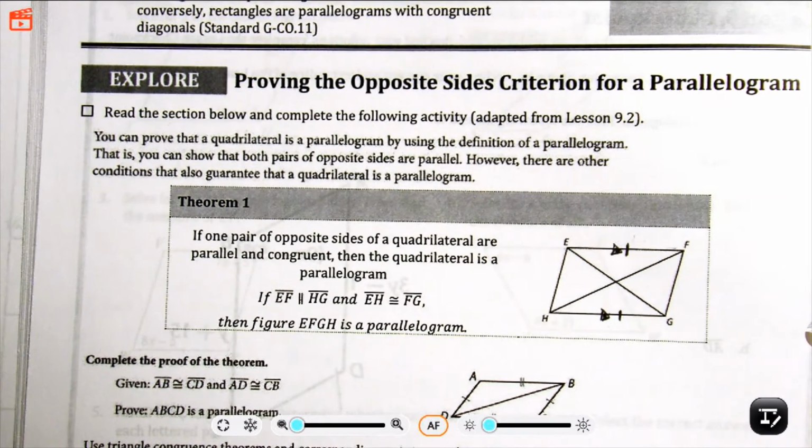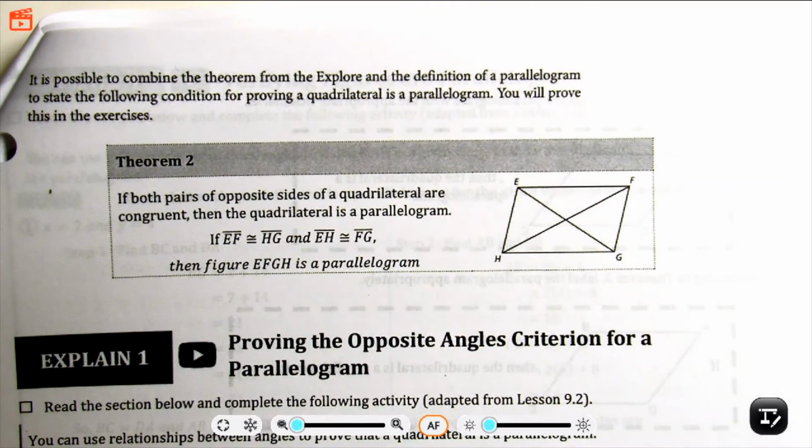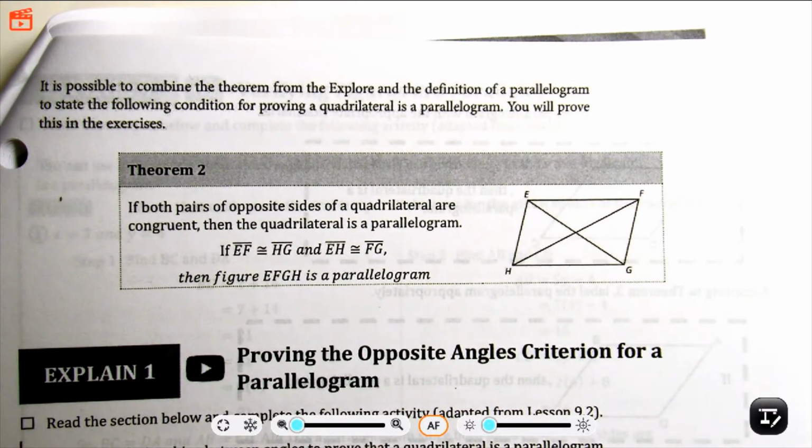Okay, so next we're going to look at the second theorem, which talks about opposite sides again. If both pairs of opposite sides of a quadrilateral are congruent, then the quadrilateral is a parallelogram.